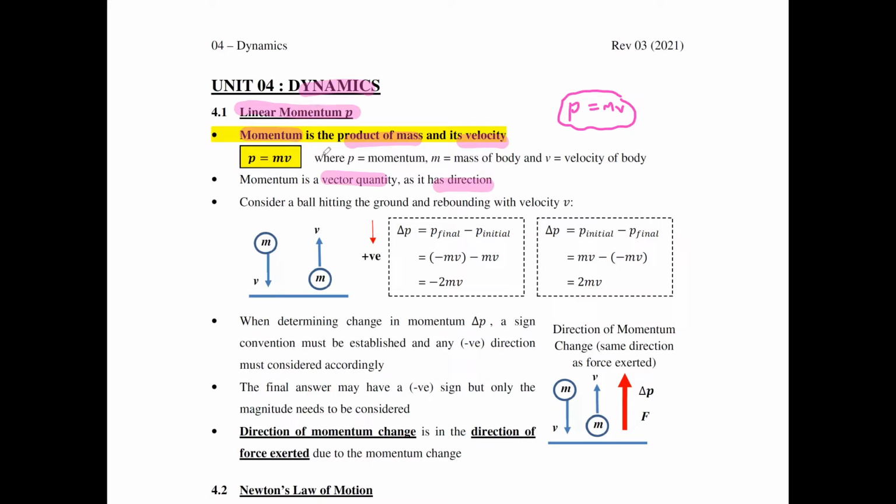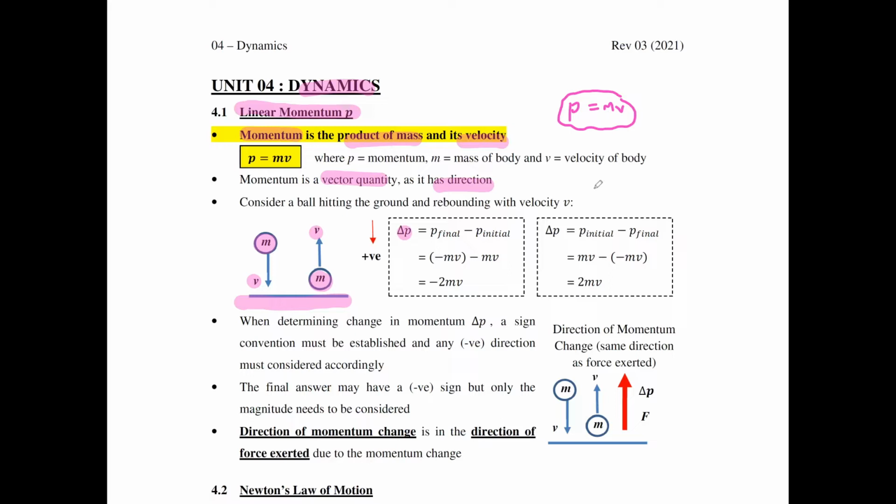Now, there are a lot of questions that would normally ask you, let's just say I have an object of mass m, it hits something like the ground, and then it rebounds, both with velocity v before and after the collision. They ask you, what is the change in momentum of the object?